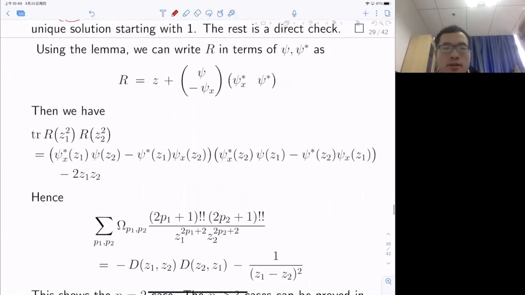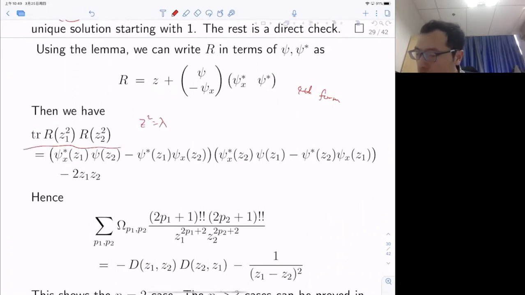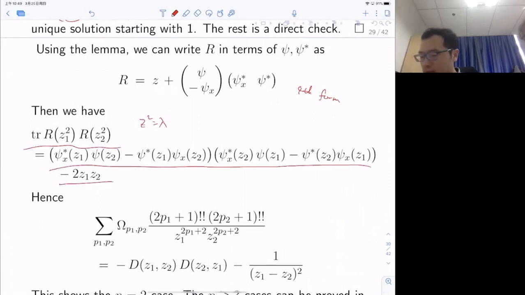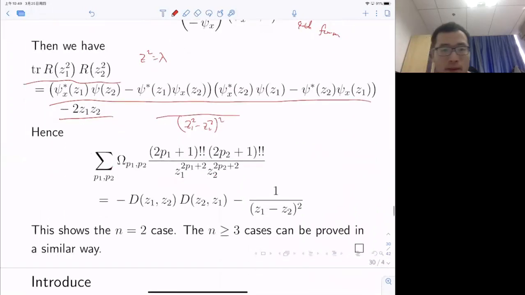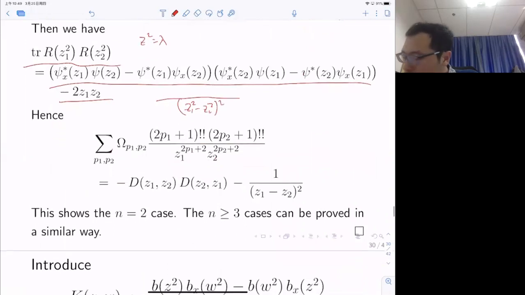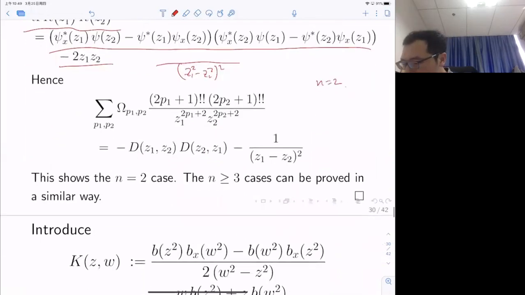So now using this lemma, we can rewrite the fourth form of the matrix resolvent in this form. Then we compute the trace. Z squared is our lambda, and we compute the trace of our lambda, our mu. Then the right-hand side is given in this form, divided by lambda z1 squared minus z2 squared. After dividing by this, we get the formula for n equals 2.